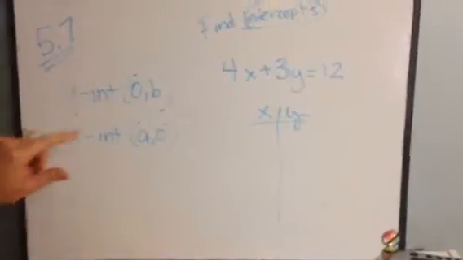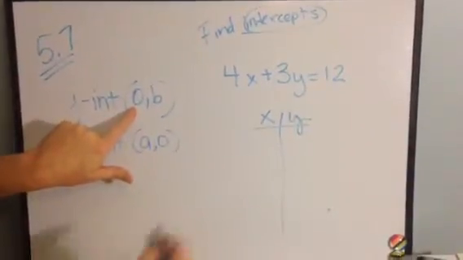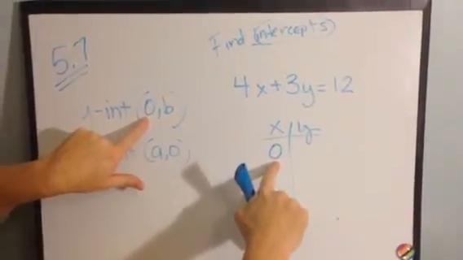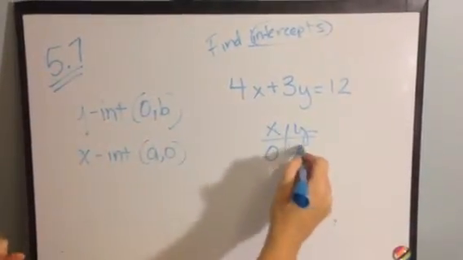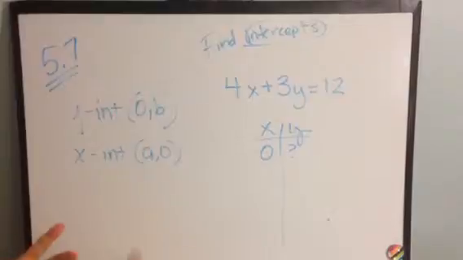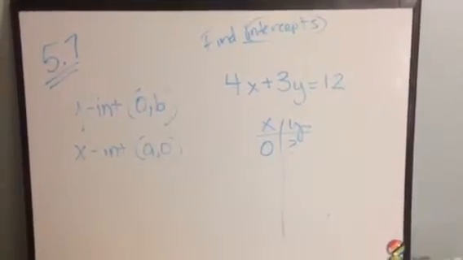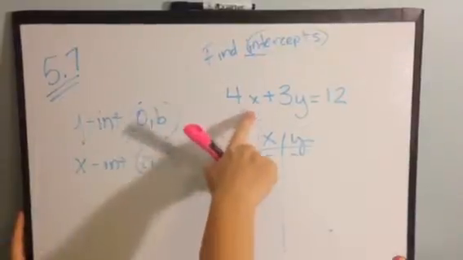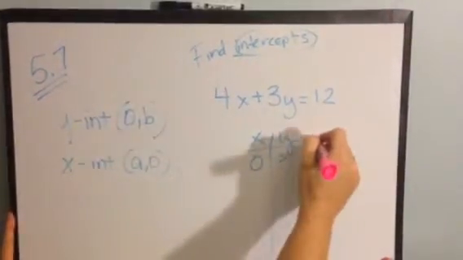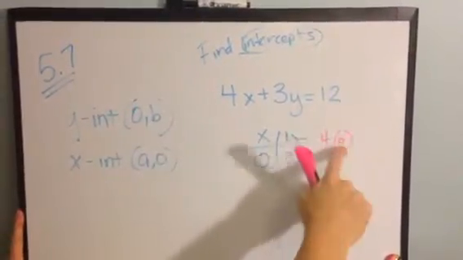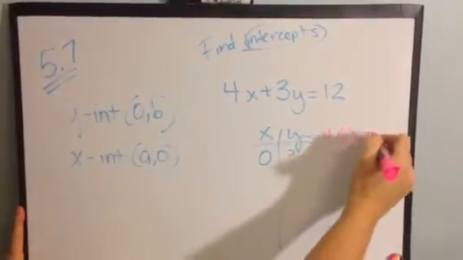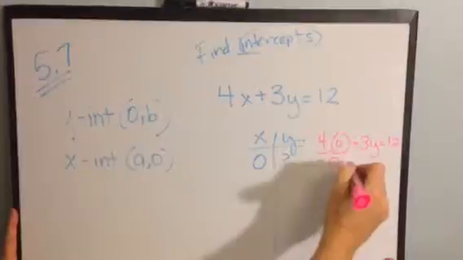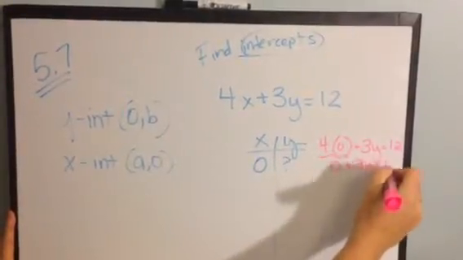So if I'm looking for my y-intercept, my x coordinate has to be 0. I don't know what that y point is going to be, so I have to plug in and see what I get. So I'm plugging 0 in for my x. Let's see what I get for my y. So 4 times 0, plus 3y equals 12. 4 times 0 is 0, plus 3y equals 12.